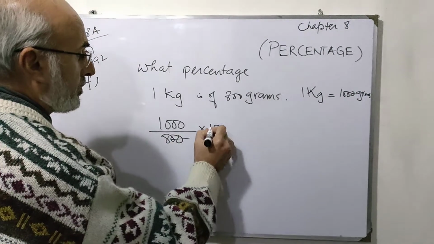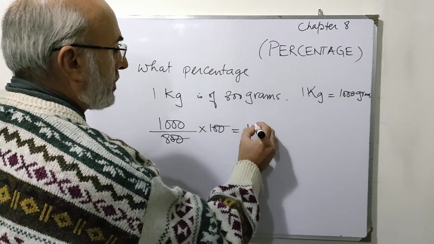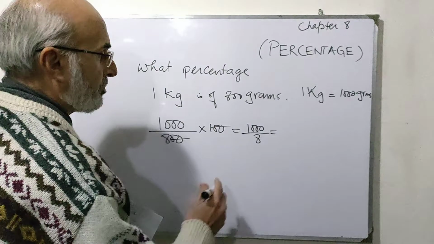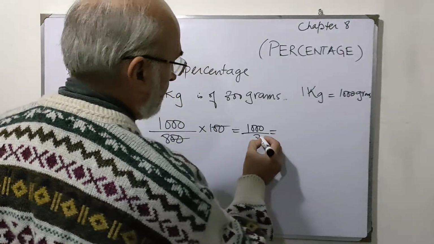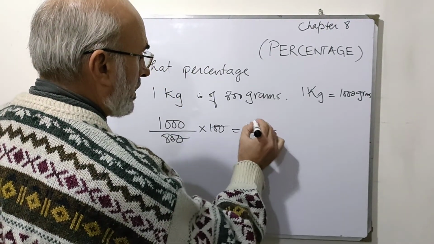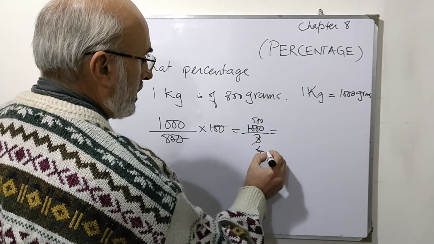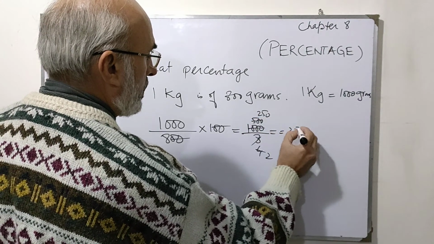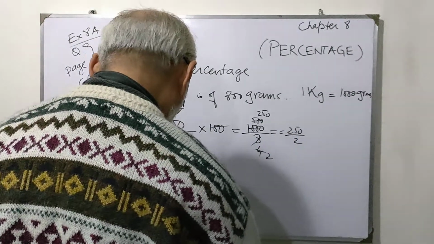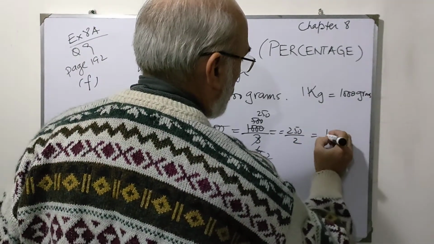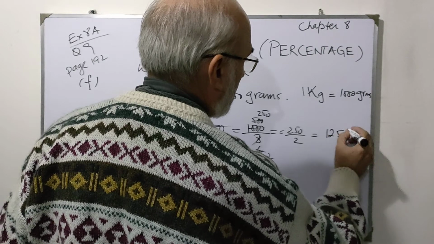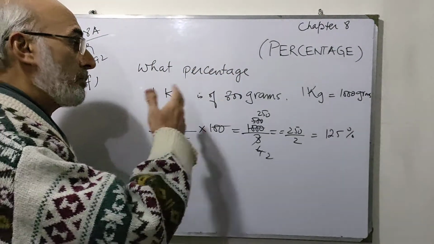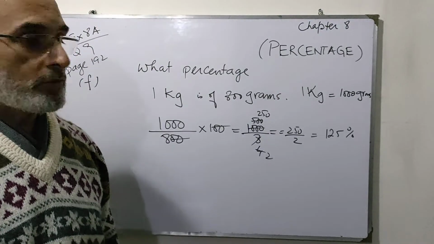So this goes with this. So 1000 over 8, or in other words 2 4s are 8, 2 5s are 10, 2 2s are 4, so it's 250 over 2, and it is 125%.